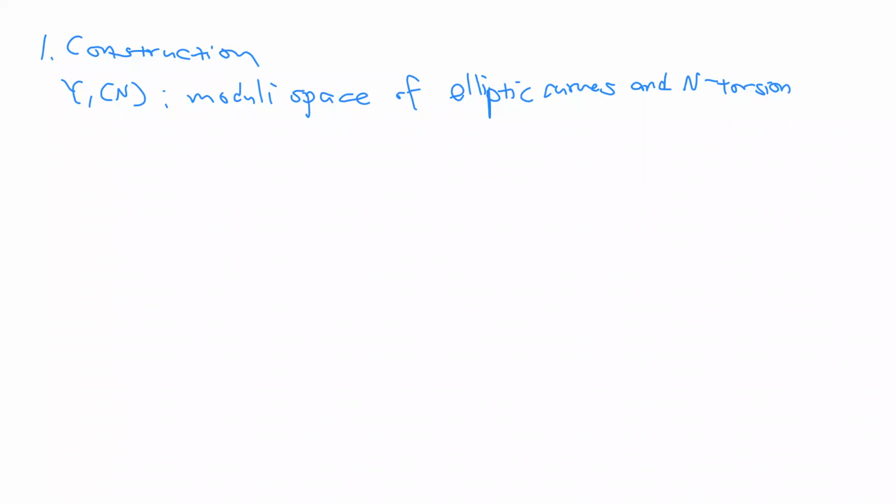As opposed to that, Y_0(N) is the modular space of elliptic curves and their subgroups of cyclic order N.